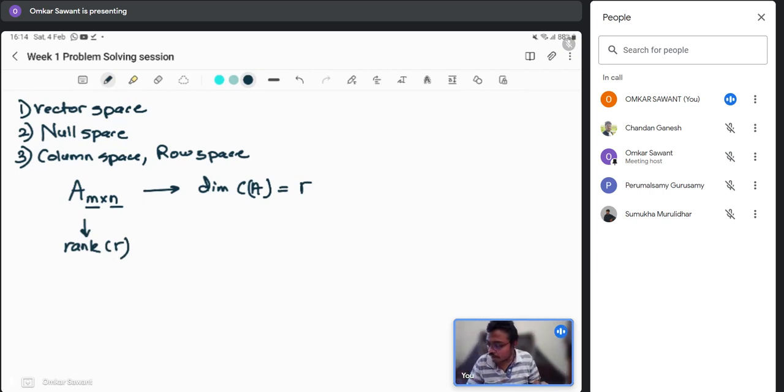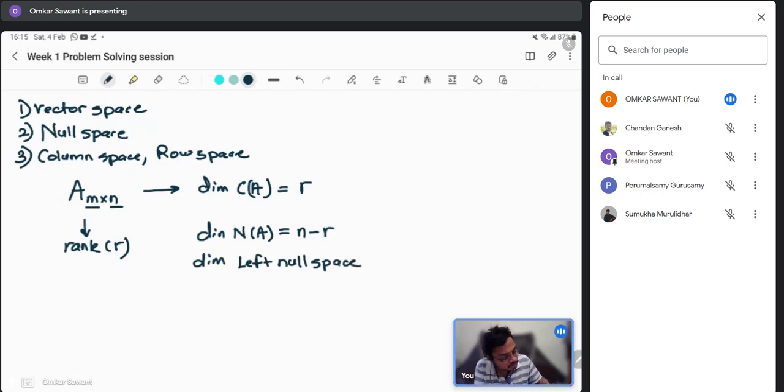Okay. Similarly, we have the dimension of the null space of A. The null space of A has dimension n minus R. And the dimension of the left null space of A. What do you mean by left null space?